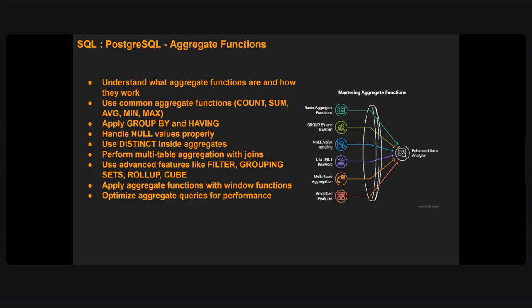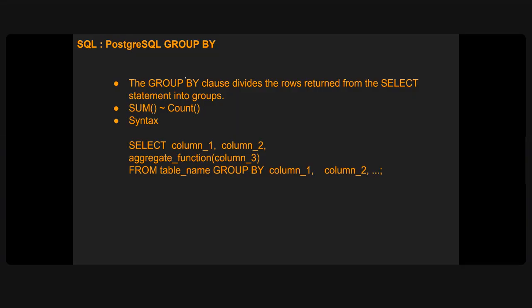So these are some of the multi-table advanced features. Then you have distinct, null value handling, group by and having, and basic aggregate functions like this. Group by: this is the same thing, guys, the syntax that you will find. Anyway, I am gonna share the file, so there you can see the syntax.